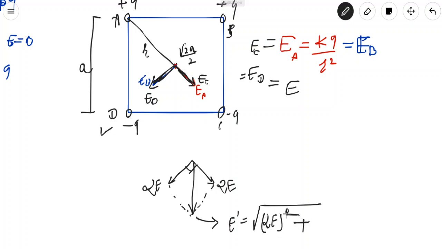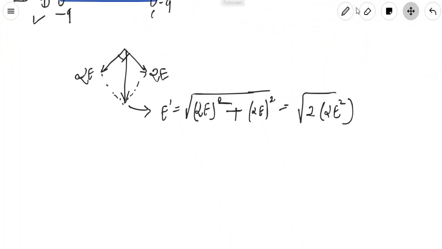This is from the 11th standard, so just don't bother. So it is 2 times 2E square. Hence it is under root 2, 2 square, the square root gets cancelled, hence 2E.